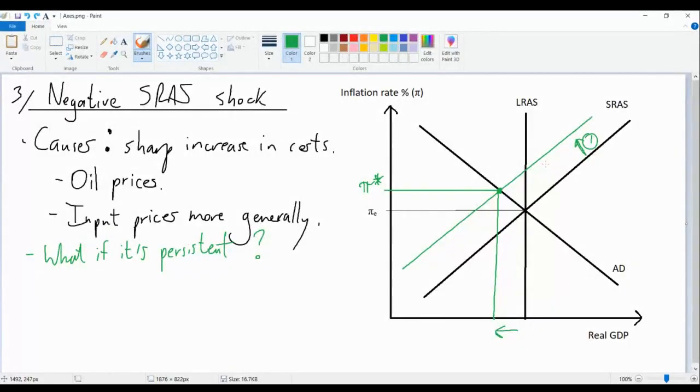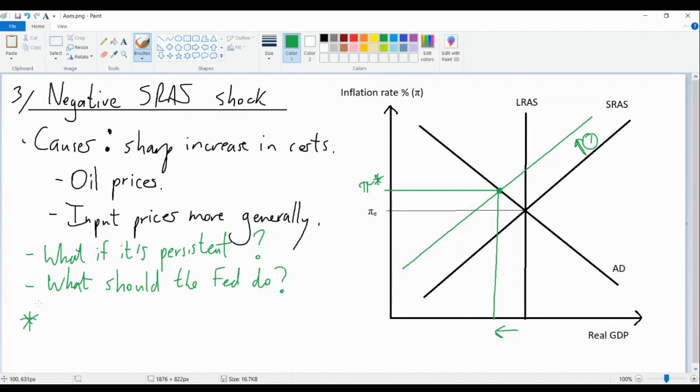And then now, notice, and as discussed, the Fed isn't going to like that. The Fed doesn't want expected inflation to be too high. On the other hand, it doesn't like this recession either. So when we move to the question of what should the Fed do when it sees a negative supply shock, it's going to be much more complicated.